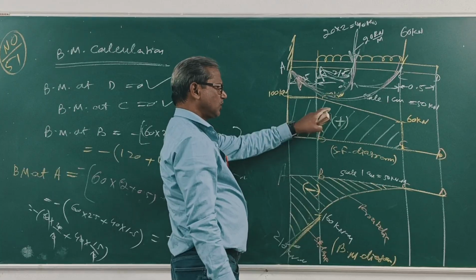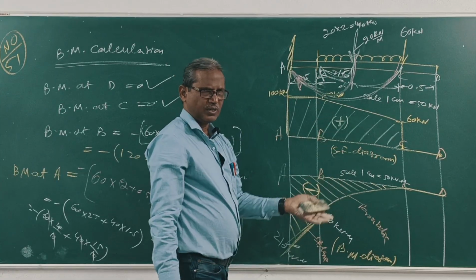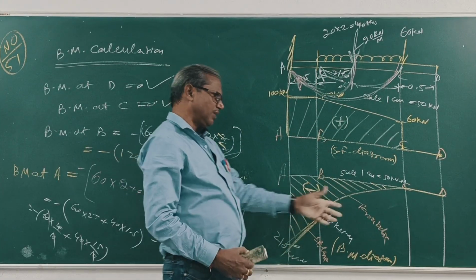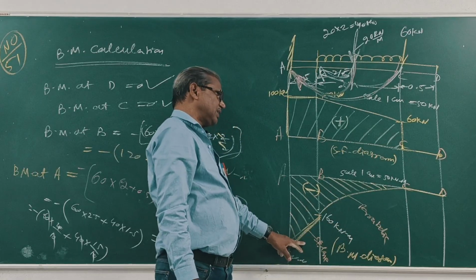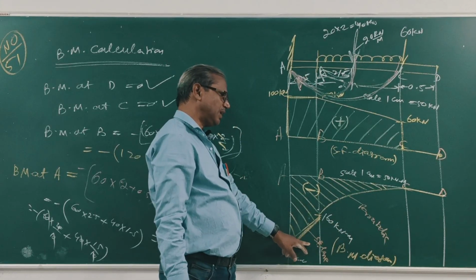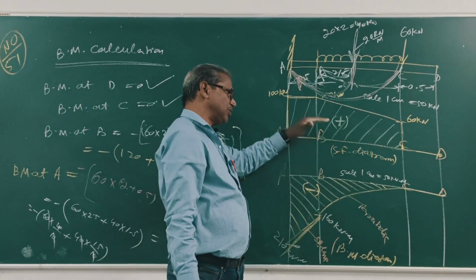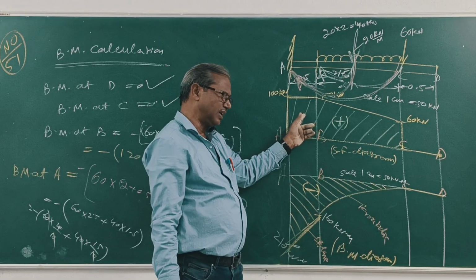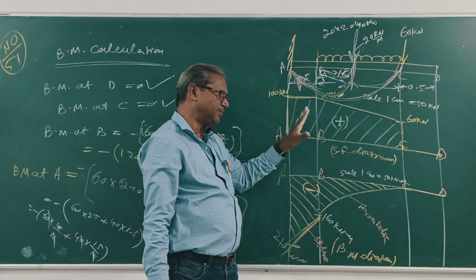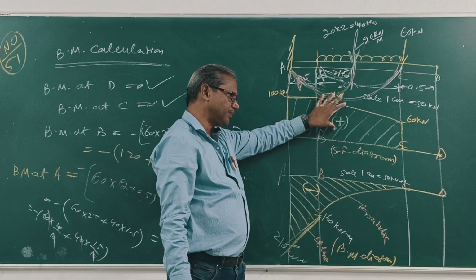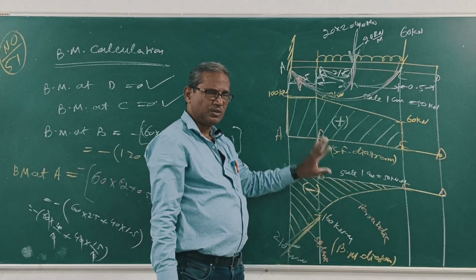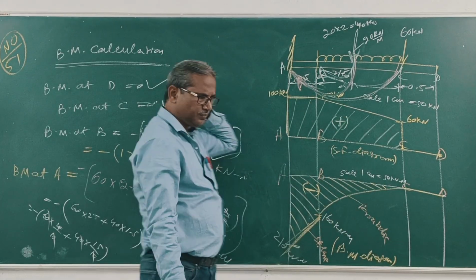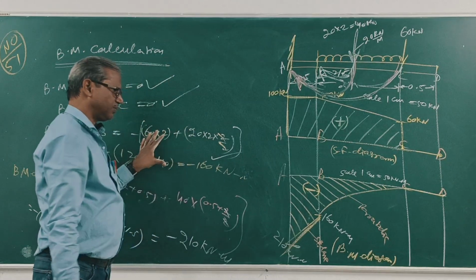Positive, so the shear force diagram is above the baseline. Clear? This is UDL, this is parabolic, this is a straight line. This starts from zero, an inclined straight line, and this is fixed, so a horizontal straight line. Right? This is the shear force diagram and bending moment diagram, that is shear force calculation and bending moment calculation.